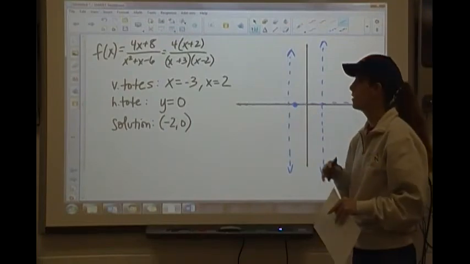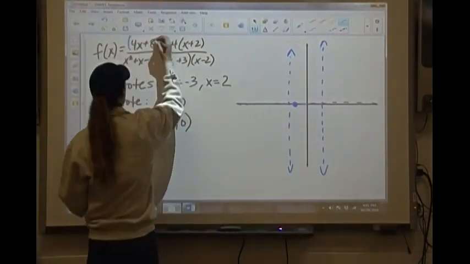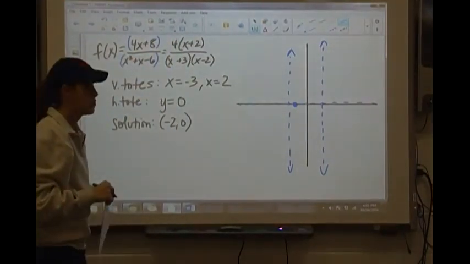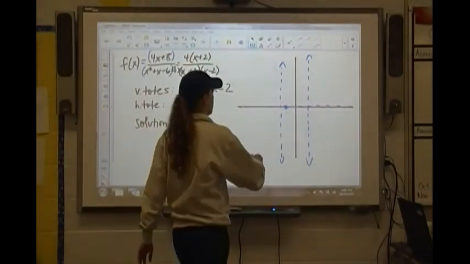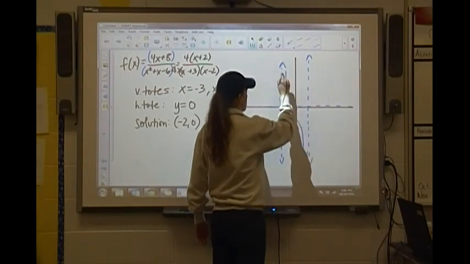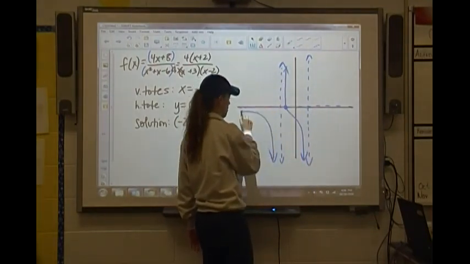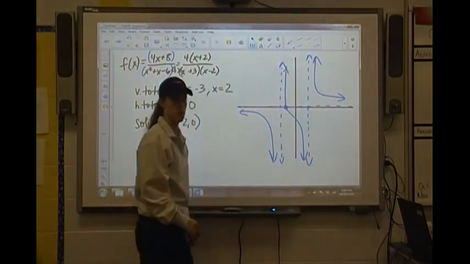I'm going to give you a second to type this in. I would type in the original one, with parentheses around both the numerator and denominator, so you can see what that looks like. At this point, when you type this in your calculator, you should see that this appears to go this way. So that means you're not going to have anything in the top left. You'll have a graph in the bottom left and the top right for your finished graph there.